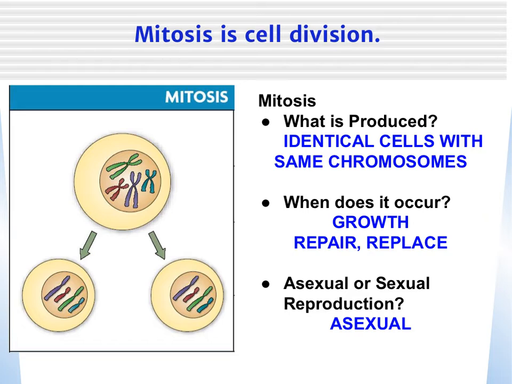Now, mitosis is good when an organism needs to grow by making more cells, repair a wound to seal up a cut with some new cells, or regenerate damaged cells. Since there's a DNA contribution from just one parent cell, this makes identical offspring. So we could consider mitosis asexual reproduction.